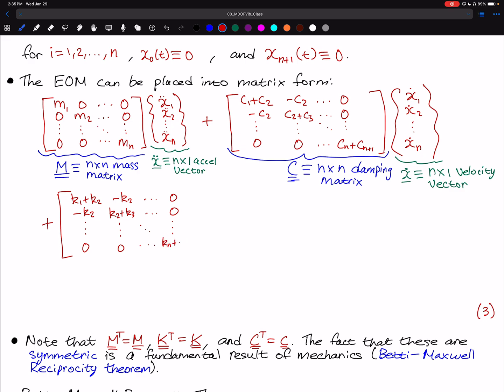And then K_{n+1}. Multiplied by the displacement vector, which is x1, x2, dot dot dot, xn. And then lastly, equal to a forcing vector, which will be f1 of t, f2 of t, dot dot dot, all the way up to fn of t.